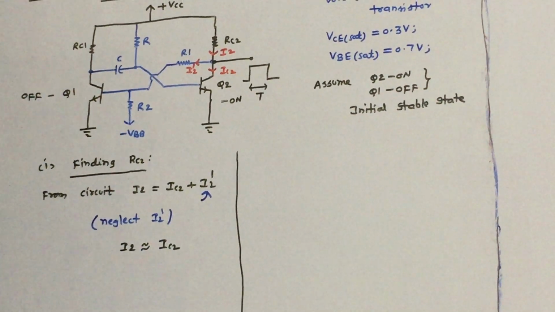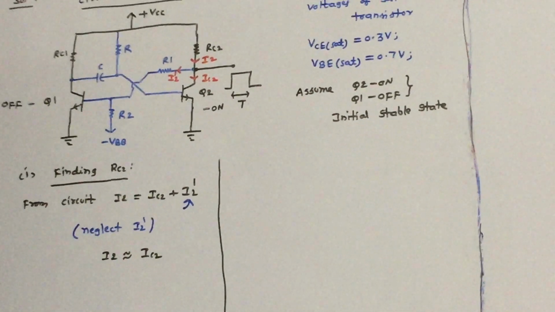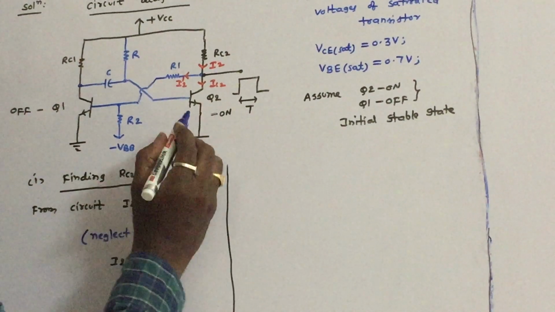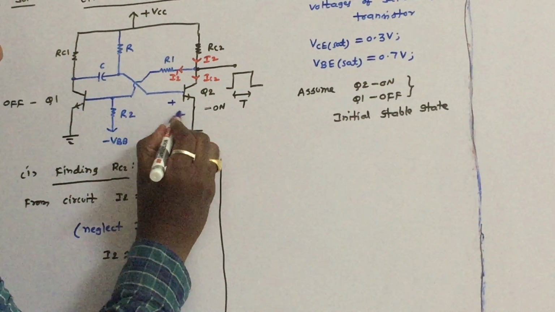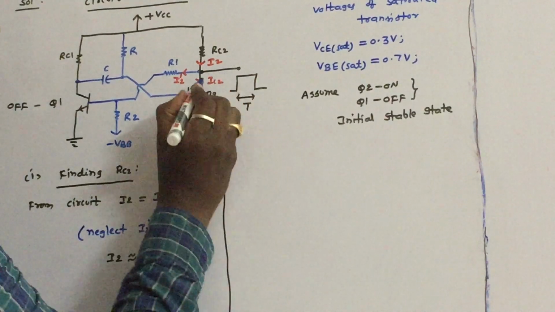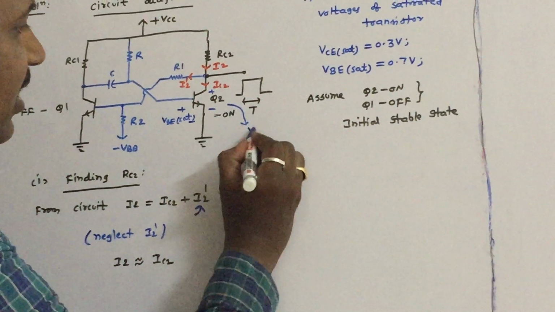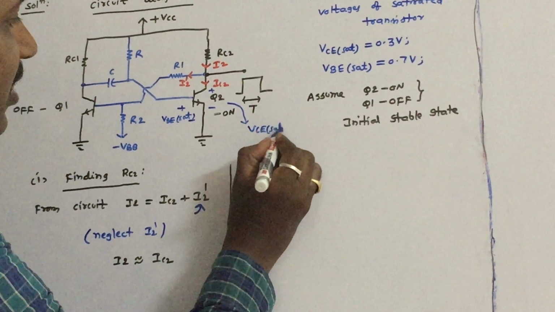Since this transistor is in saturation, this voltage is VBE saturation, and this voltage is VCE saturation.